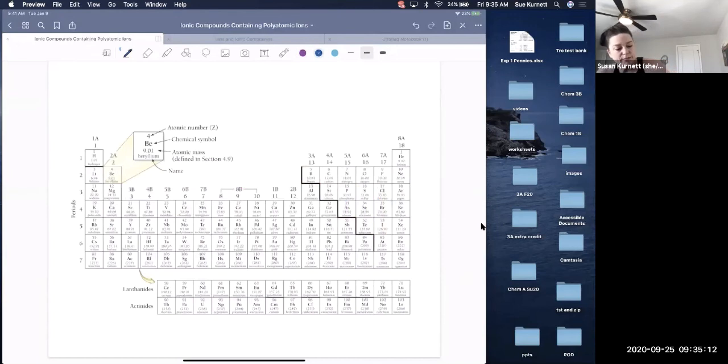So if I know carbonate, and I want to make a hydrogen-containing ion, so an ion still has a charge showing.